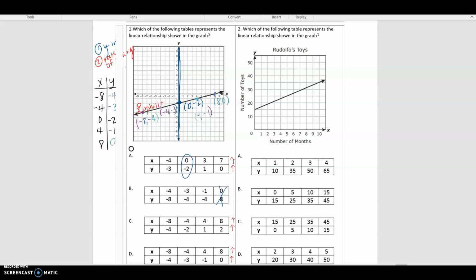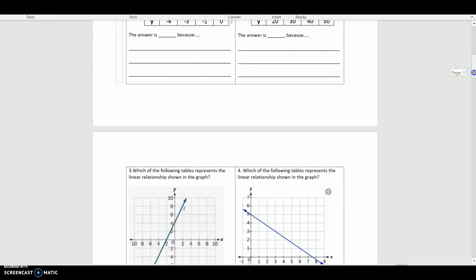So I'm going to give those a try. Let's see, -8, -4, that looks good.